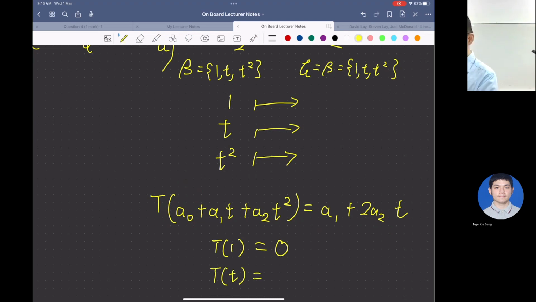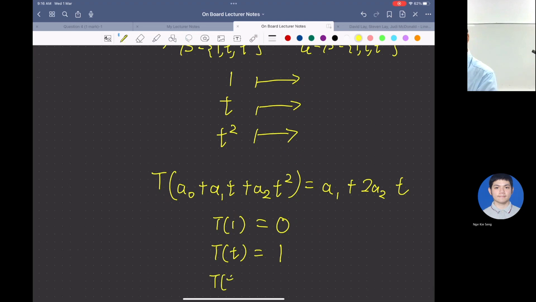T of t, what is T of t? T applies on t. You read the coefficient, so the coefficient is 1. How about T on t squared?